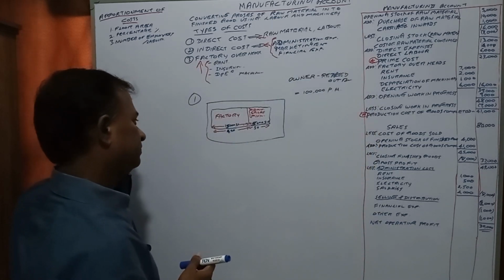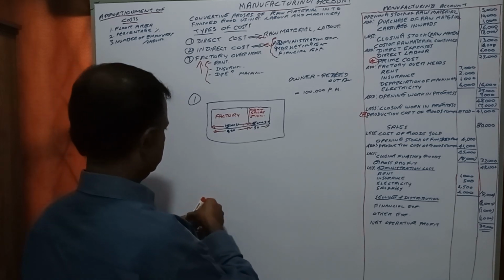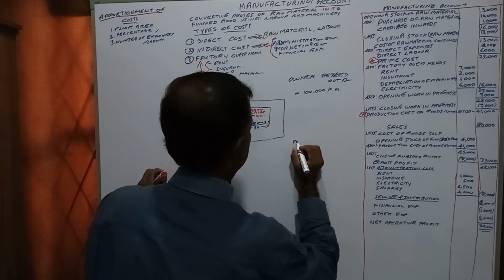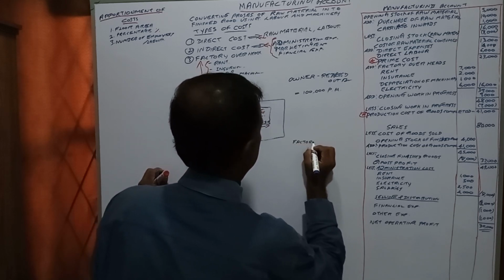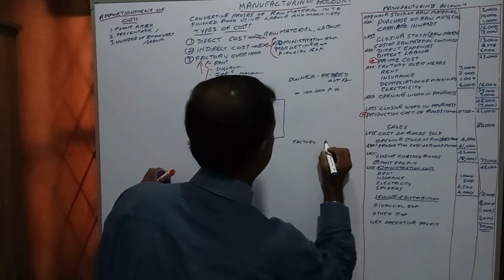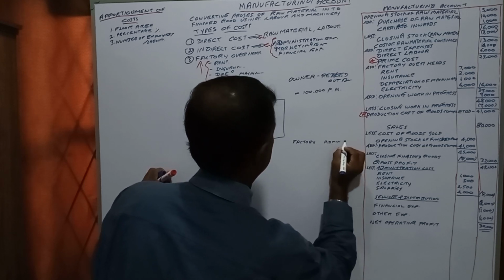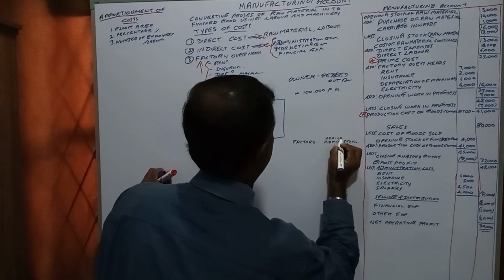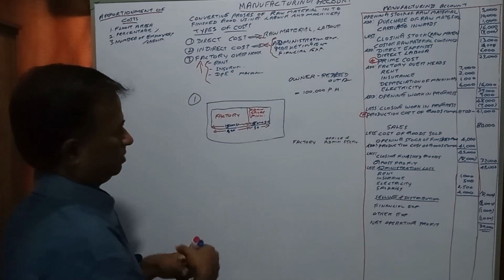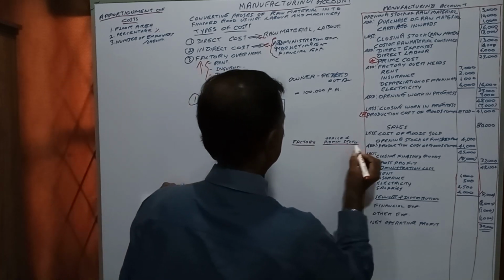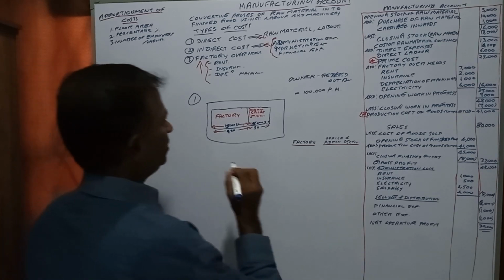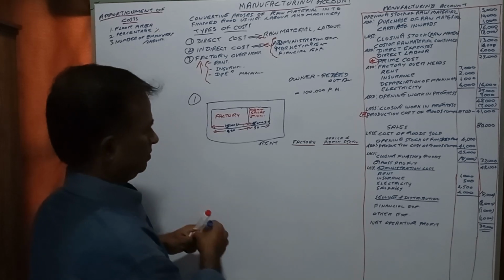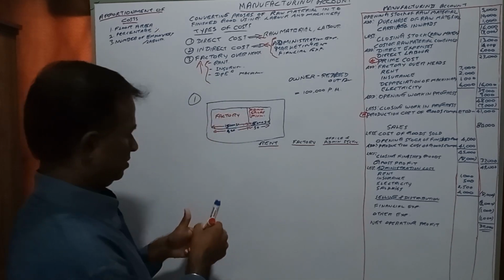Here we will say factory and admin sections, office and admin section. How can you apportion the rent?